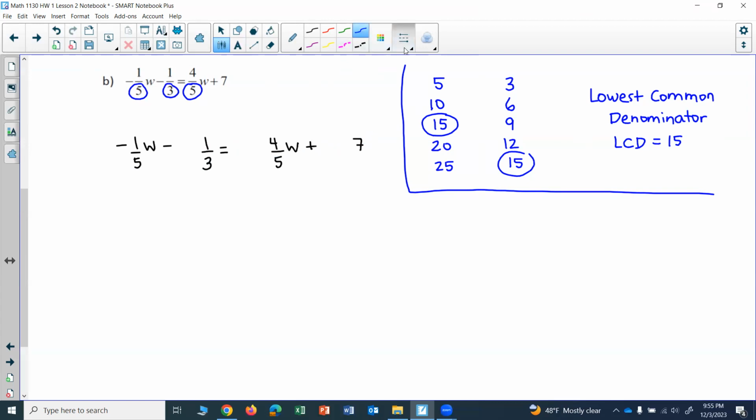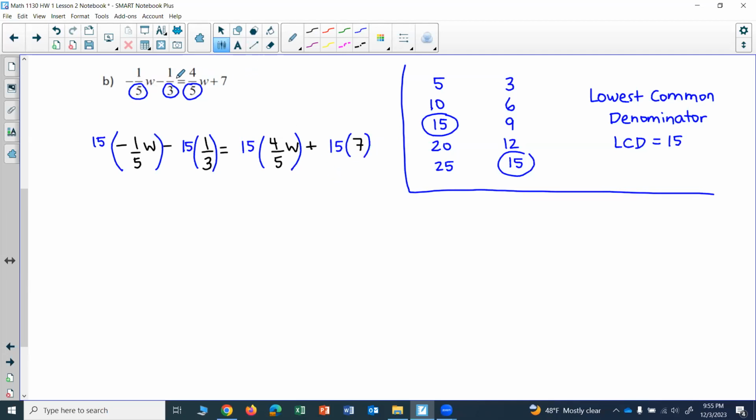And what I'm going to do is I'm going to come through and multiply every term by 15. So first I have 15 times negative 1/5 W minus 15 times the 1/3 equals 15 times 4/5 W plus 15 times 7.